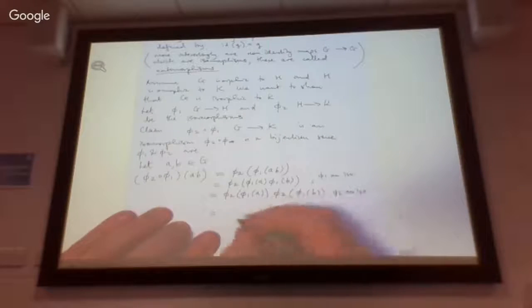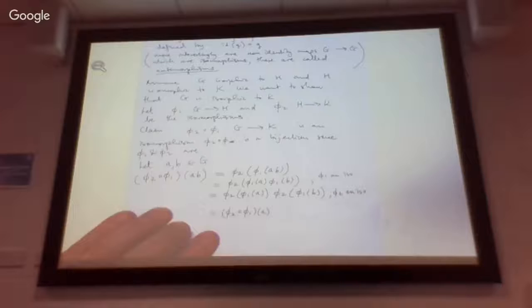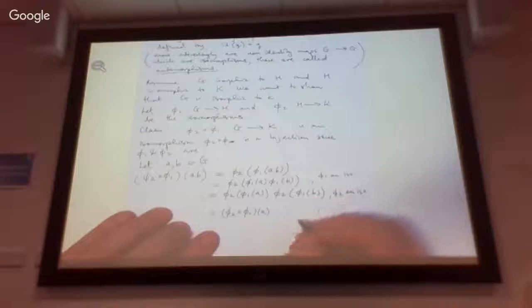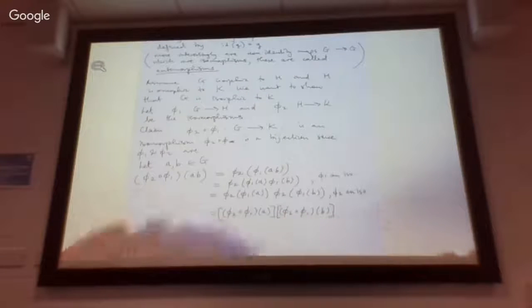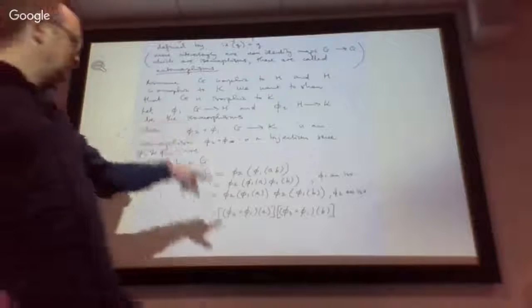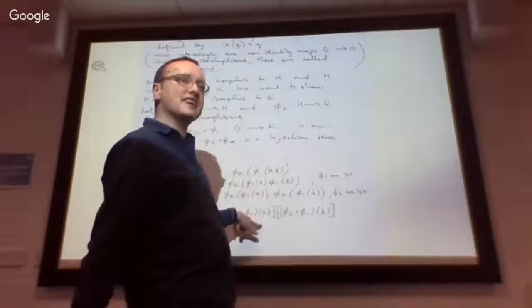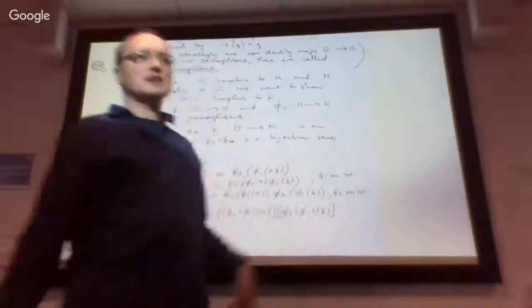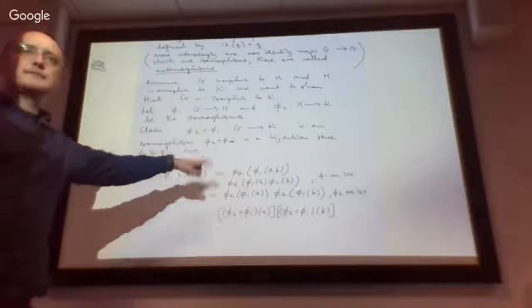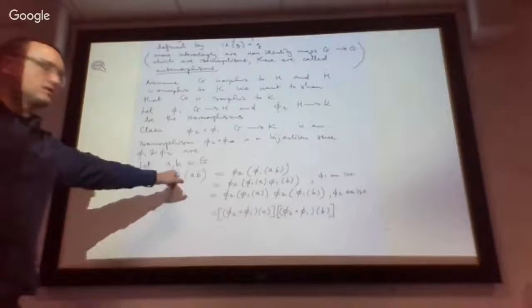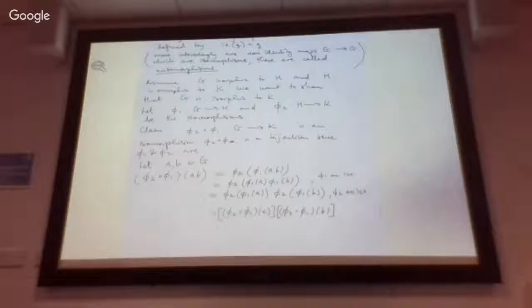But finally, we can re-express these two. Phi2 of phi1 of A is clearly the composition map phi2 after phi1 applied to A, and phi2 of phi1 of B is clearly the composition map phi2 after phi1 applied to B. Maybe stick a pair of square brackets there just to emphasize singling that out as a single element of K. And this thing here in the square brackets is the other single element of K. And from the start to the finish there, that is the homomorphism property for the composite map, phi2 after phi1.